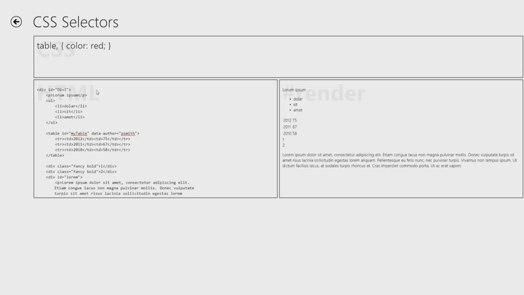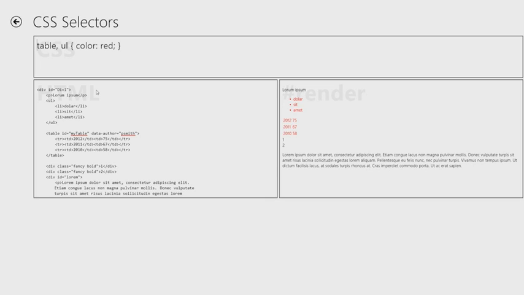So I want to use a comma UL. That means that I want the text to be red for all of my elements that either match the first selector or match the second selector. And you can make that pretty big if you want. If, for instance, you want to do something to all of your headers, you could use H1, comma H2, comma H3, comma H4, and it would apply to all of those different headers.